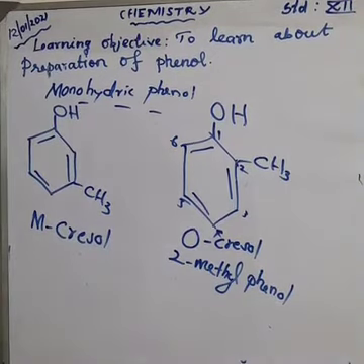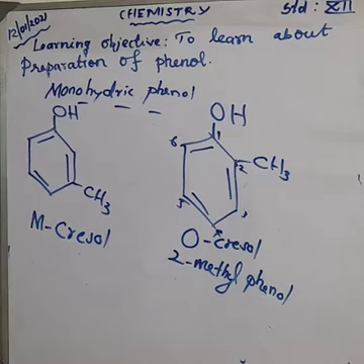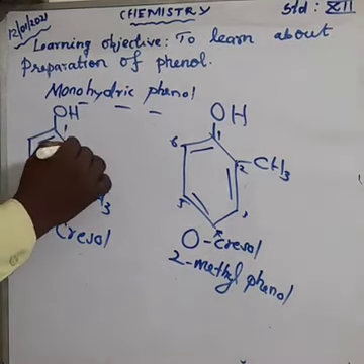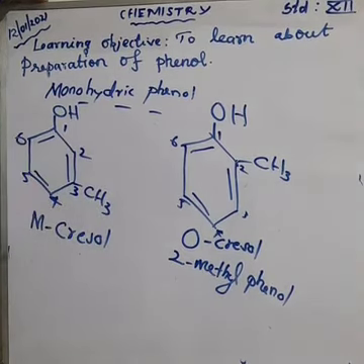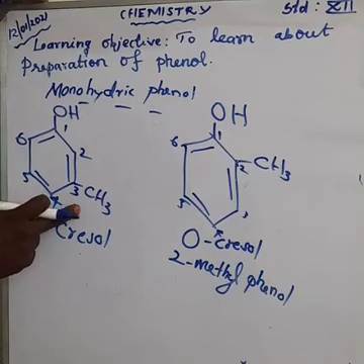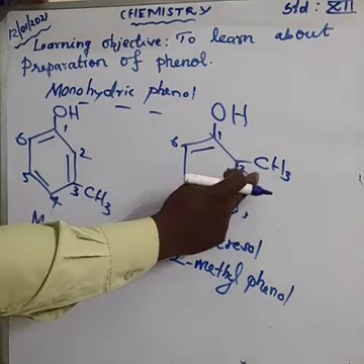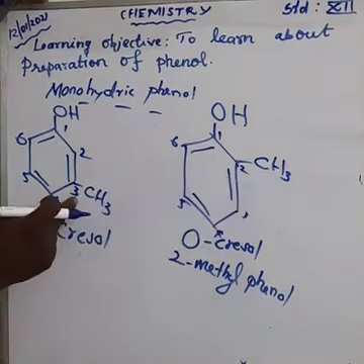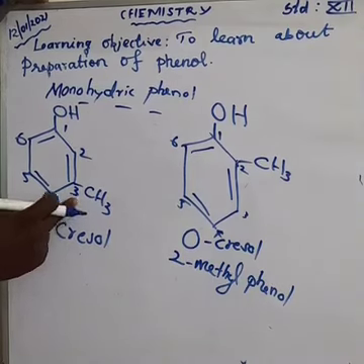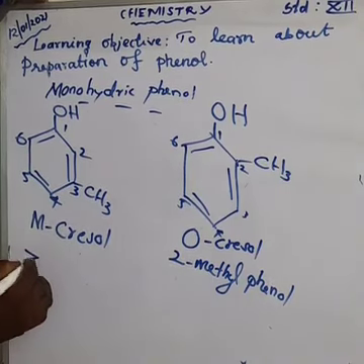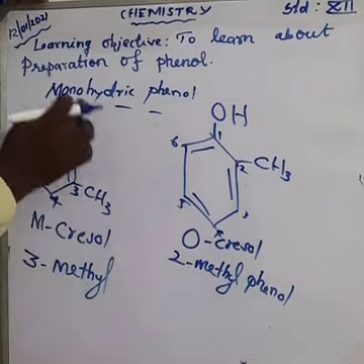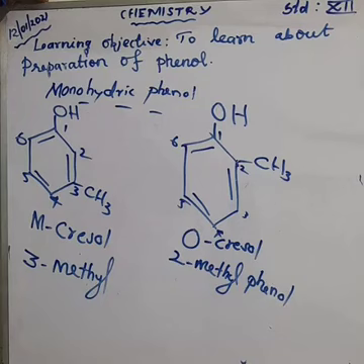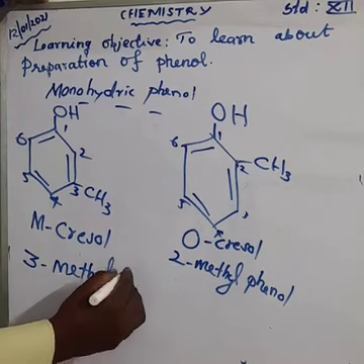Can you say the IUPAC name of this compound? You give the number 1, 2, 3, 4, 5, 6. The third carbon having a methyl group. So the name is 3-methyl. The total compound name is 3-methyl phenol.